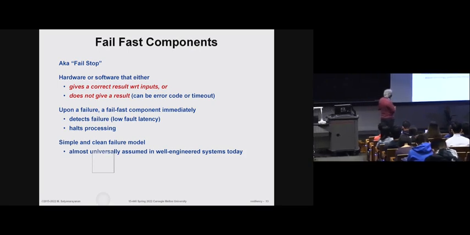All right. This simple and clean failure model, your goal as a practical matter. I'm going to go through in the next 3 slides 3 real-world examples of systems that do not have this property. Okay? Just to give you real examples of where it does not work.